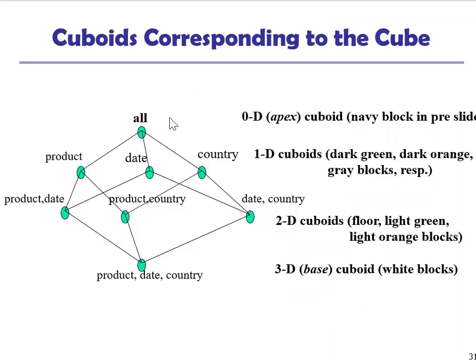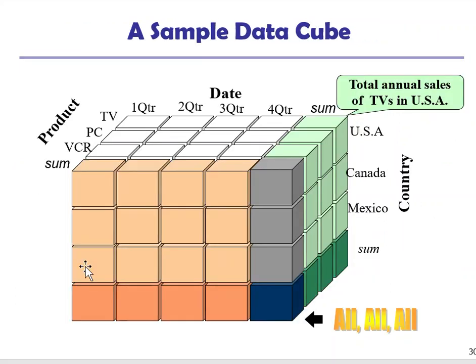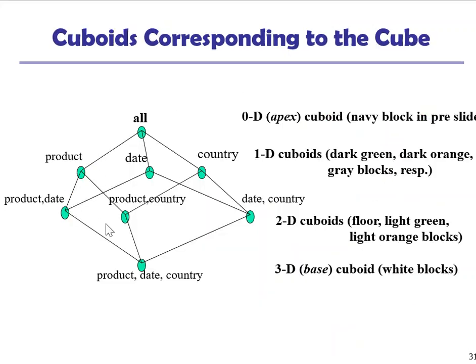The apex cuboid, all. So this block should have only one number, total sales, regardless of country, date, or product, okay? So this is a multidimensional array view of the data cube and how it matches a data cube, a data lattice.